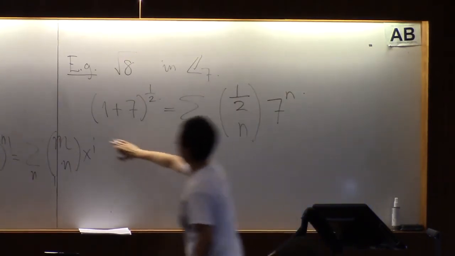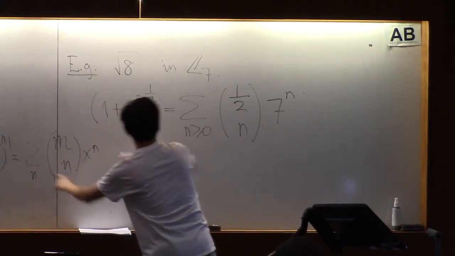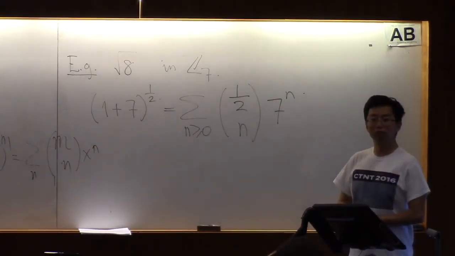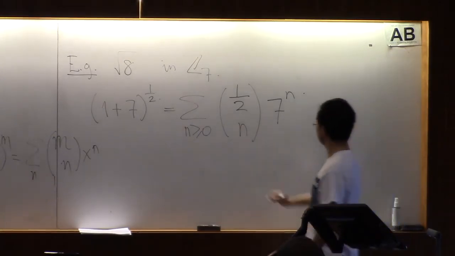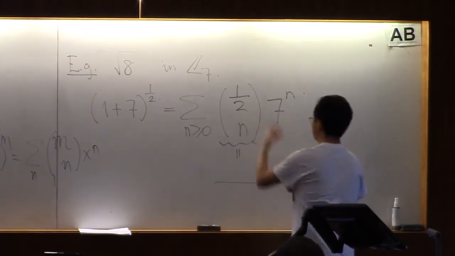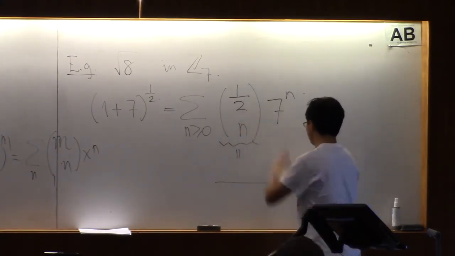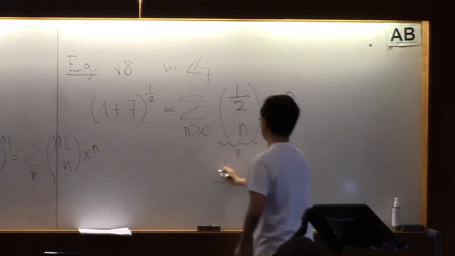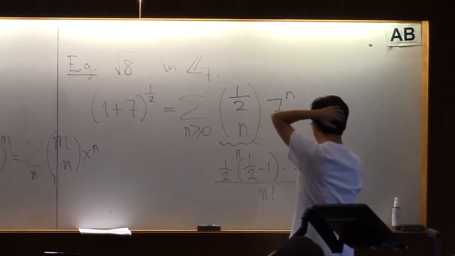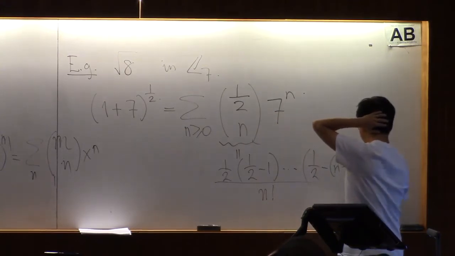Oh, sorry. This n. I can just formally write this. And what do I mean by this? Well, how do you define binomial coefficients? I can say 1/2 times (1/2 minus 1) up to (1/2 minus n plus 1).